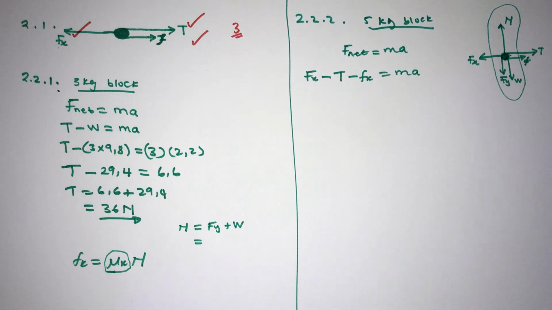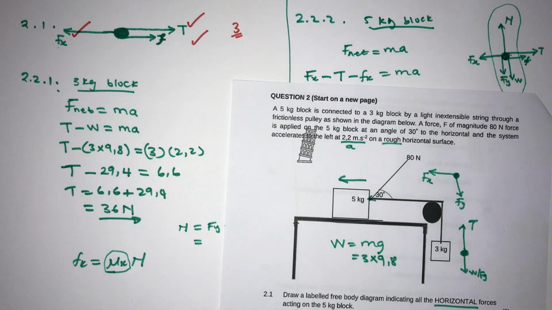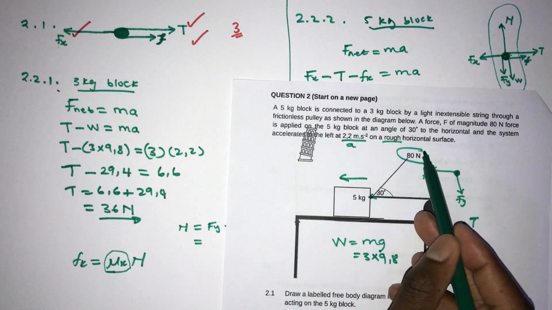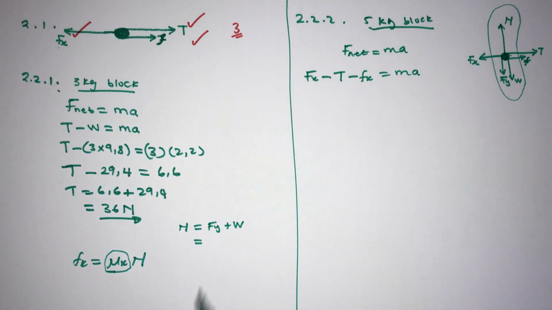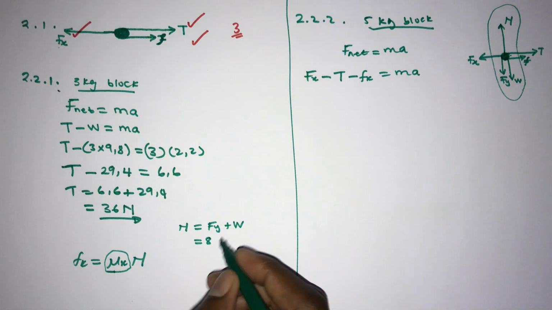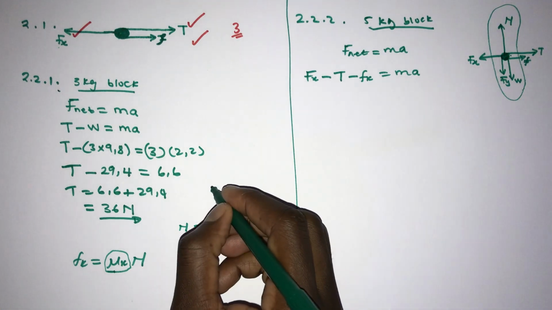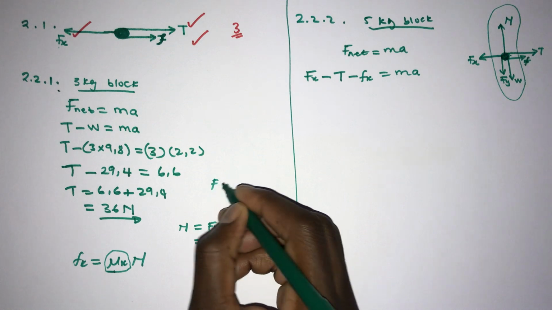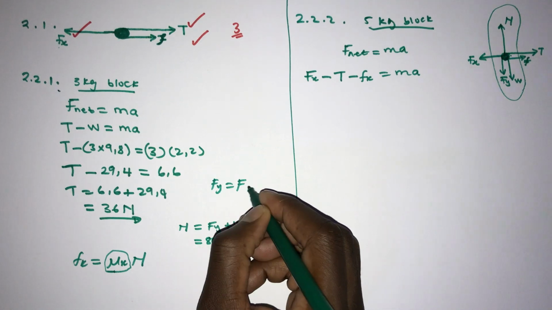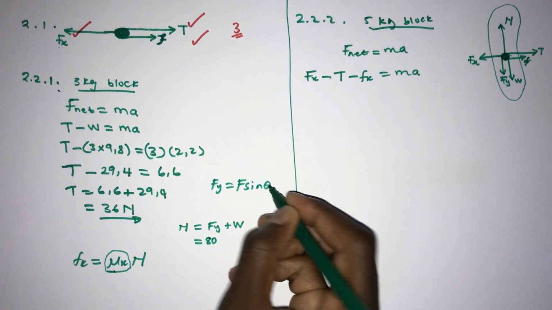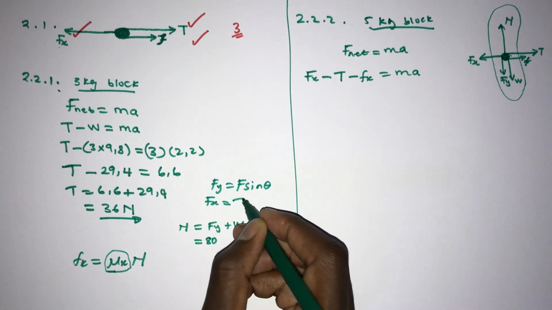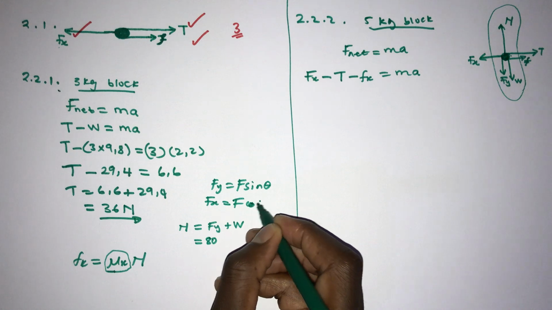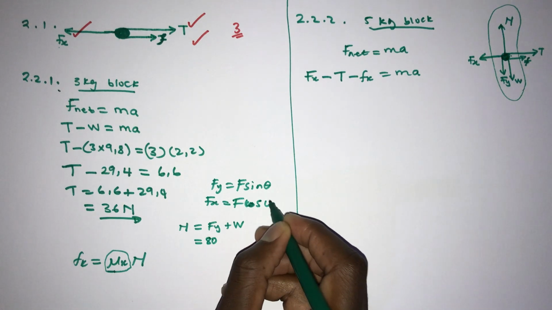So now what is our Fy? The force is given as 80 Newton, right? So Fy is the vertical component. Remember, let's just remind each other, Fy is equal to F sine theta. Fx is equal to F cos theta.